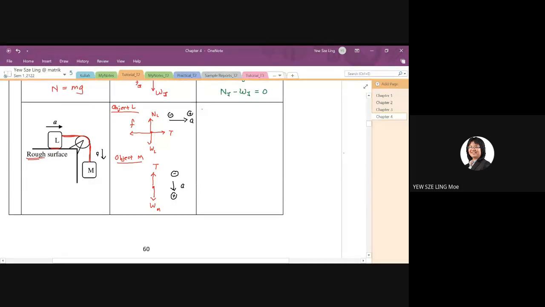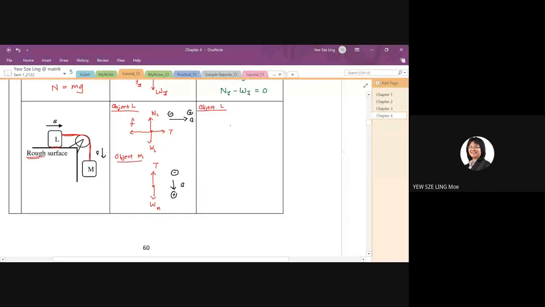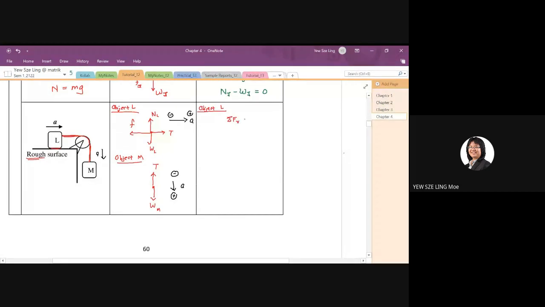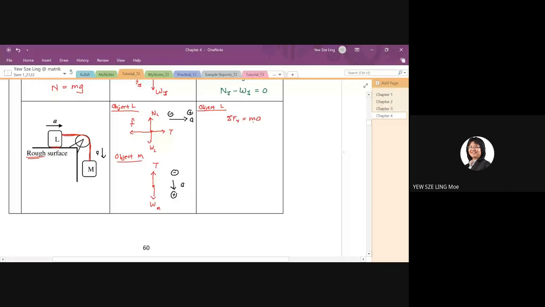So for object L, for the X component, again, summation Fx is equal to MA, because A is moving along the X component.